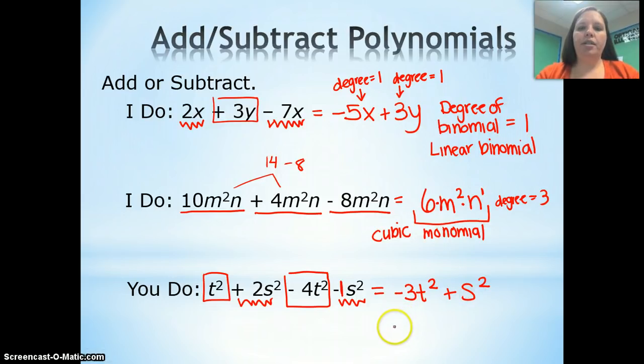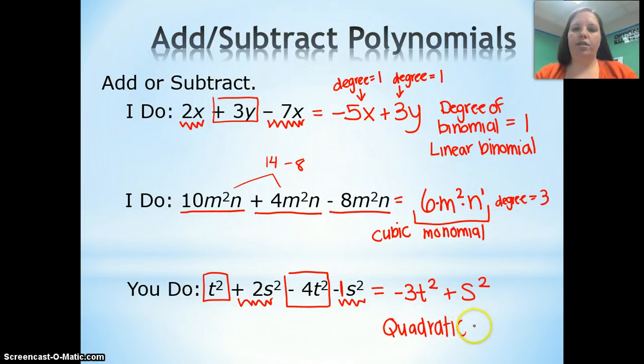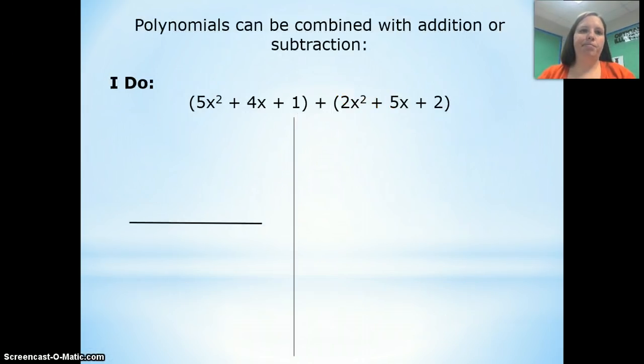And if you're interested, each of those terms has a degree of 2, so the highest is 2. It's quadratic, and there are two terms, so it's a binomial. I know I didn't ask you to name these, but just to get some naming in there.